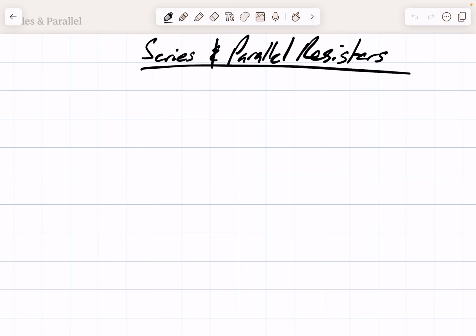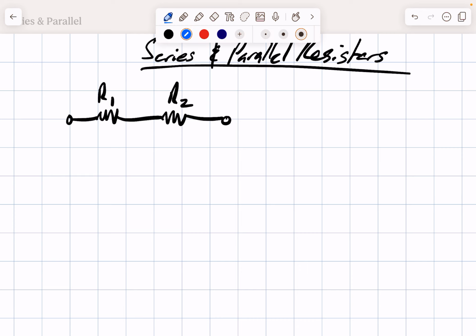So what that means, I'll draw a quick example here. So we have resistor 1 and resistor 2 connected. I'll call resistor 1 R1 and resistor 2 R2. So a series combination is when two things are connected in a node together here.